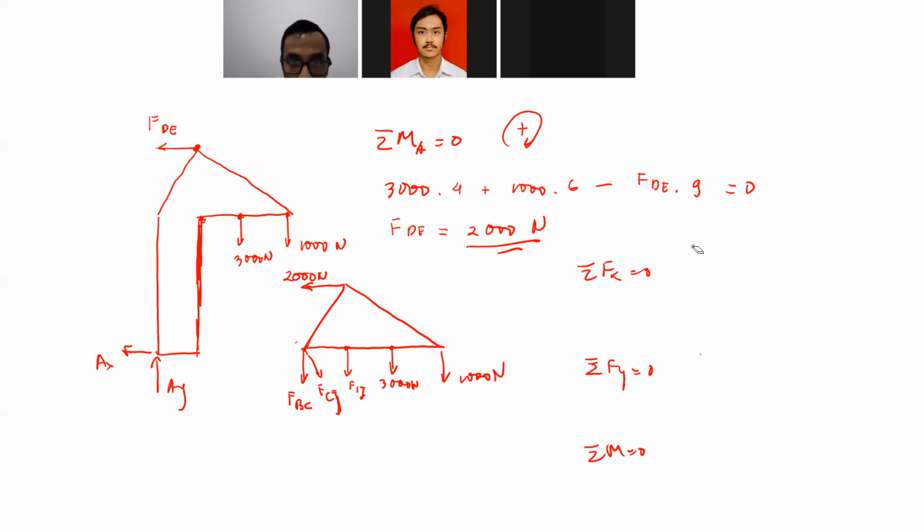So in this case, if going to the left is positive, what we will have is 2,000 Newton minus FCJ, and it's supposed to be cos.